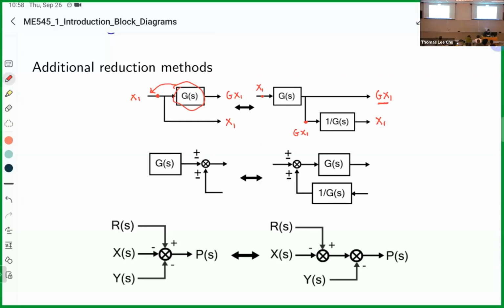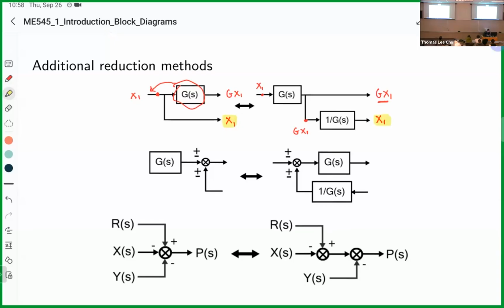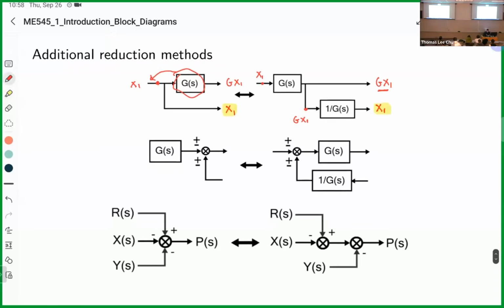So these two are the same. That's how you can check if your block diagram reduction is working when you move stuff around, to make sure that they're still equivalent. Does that answer your question? Yes, thank you.